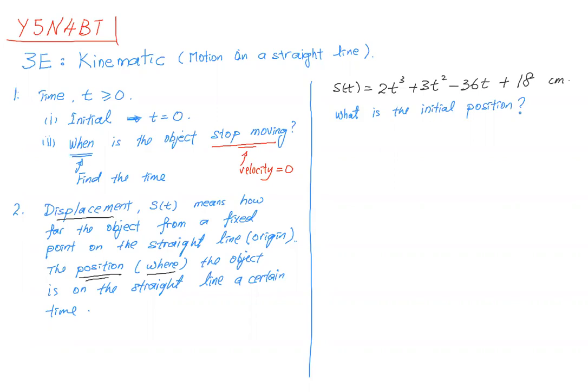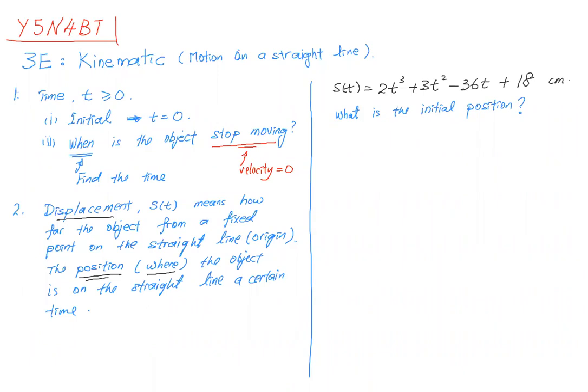If I say what is the initial position, what should I do? Shinyi? On 0.